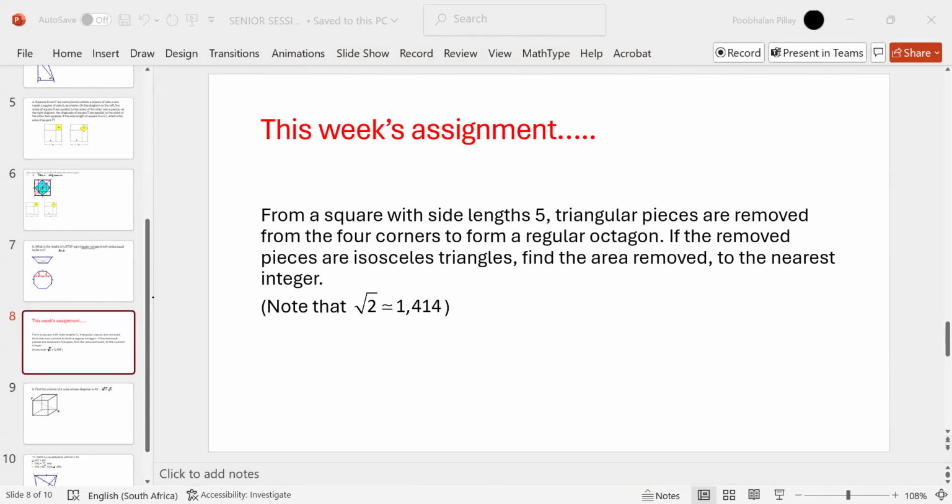So if you look at what I've done here with the regular octagon, you'll be able to get quickly to the solution to this problem. So you need to find the area which is removed, right? I'll leave this to you, and your coordinator will come back to you with this problem, and that's the assignment problem for this week.